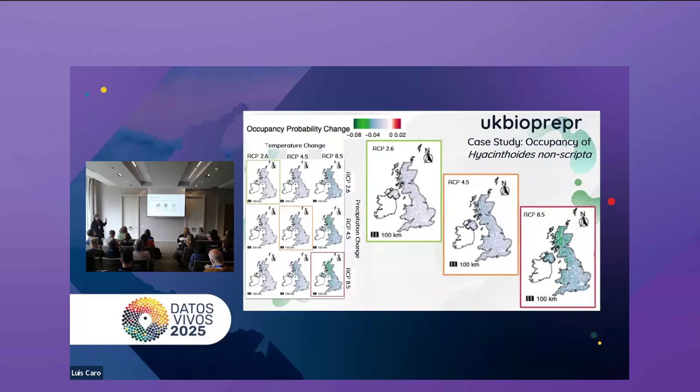And then this is the occupancy probability change under different temperature scenarios across the top, and then precipitation scenarios down the right. You can see the most optimistic scenario in the green box. There's not really that much of a change. In some areas it actually increases, and this is contrasted with the most pessimistic in the red box, where some areas decrease by 8%.